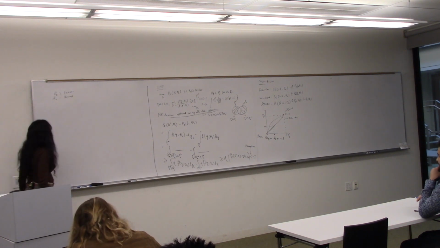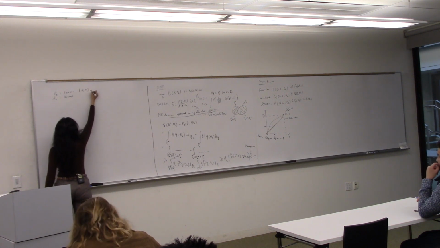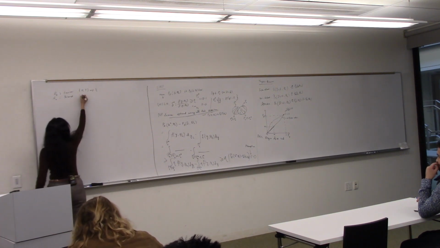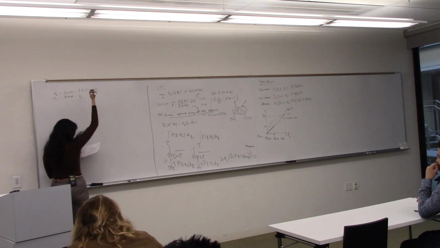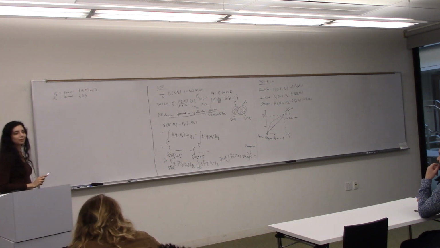A fair coin would have, in my setup, both heads and tails with equal probability. A biased coin just has heads.